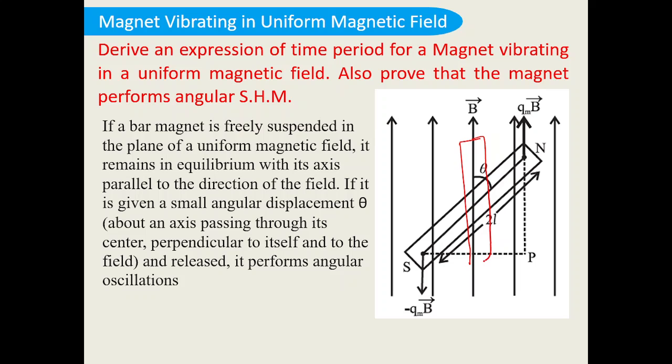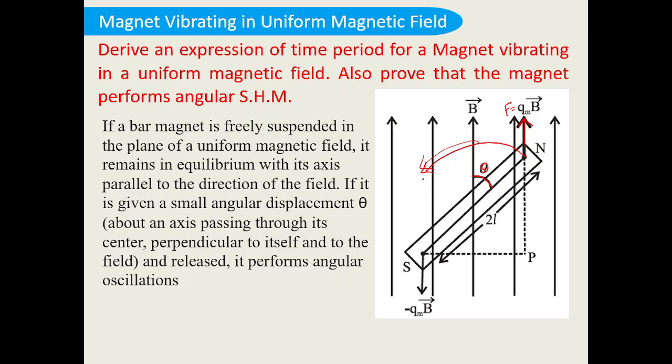If the magnet is parallel to the magnetic field, there won't be any restoring force or torque acting. So purposely we will tilt this magnet by some angle theta. Then this force acts here and moves the magnet in this direction because of the restoring force.